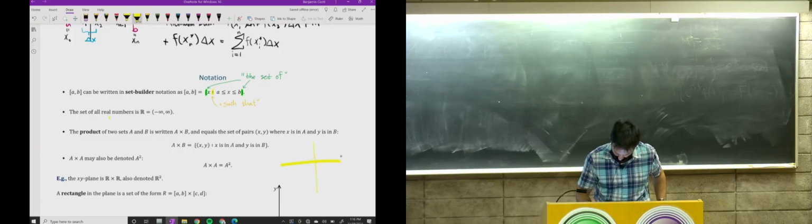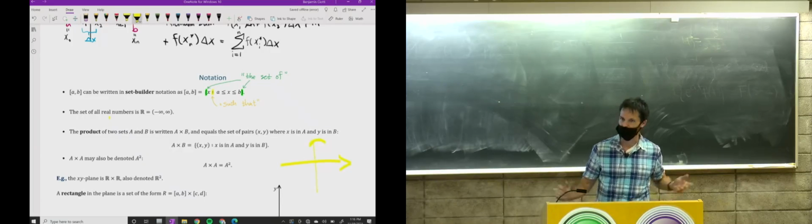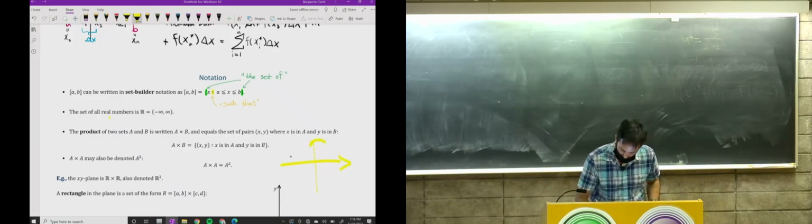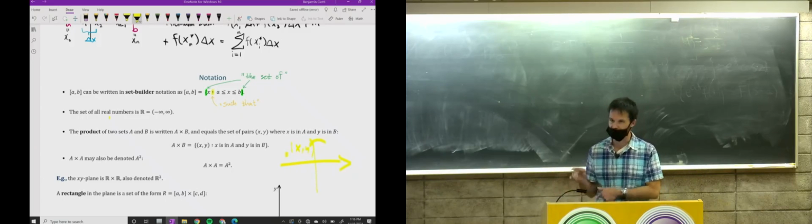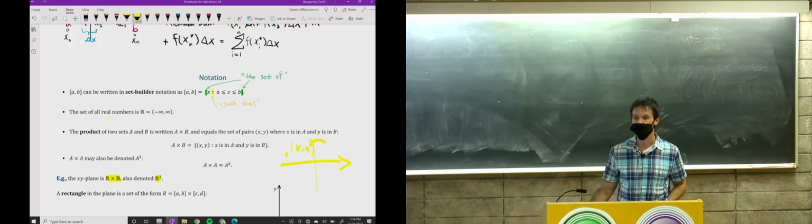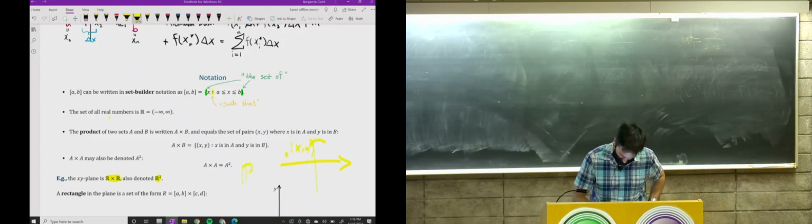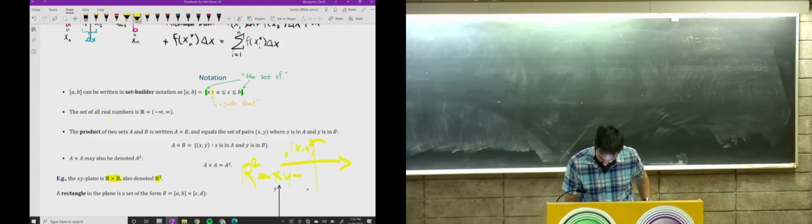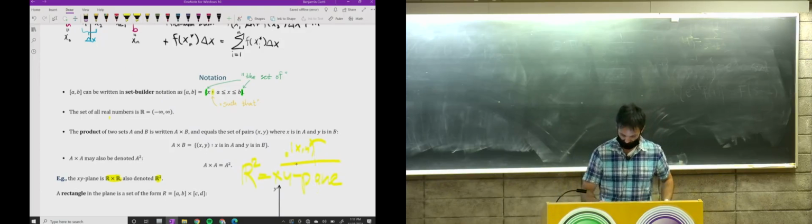The xy plane is the set of all pairs x, y, where x is a real number and y is a real number. In other words, that's R cross R, which may also be denoted R2. So R2 is the Cartesian plane, is the xy plane, is the Euclidean plane. All those names mean the same thing, the familiar xy plane.